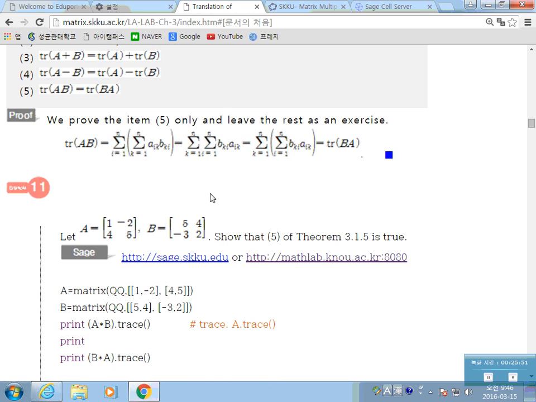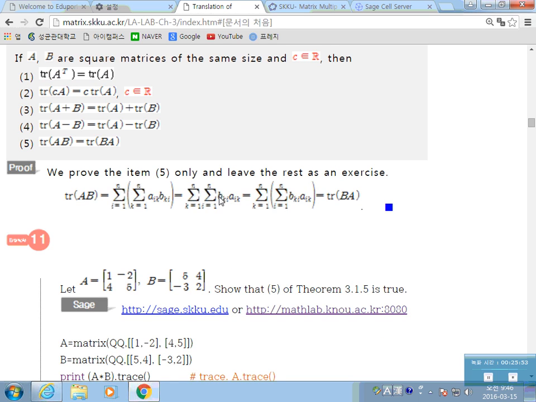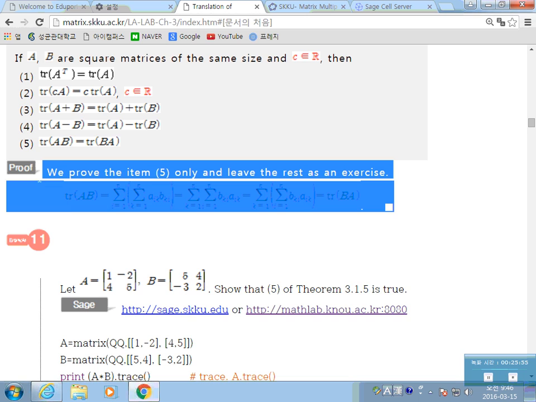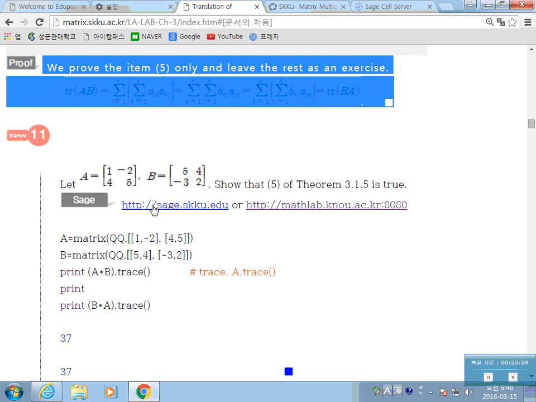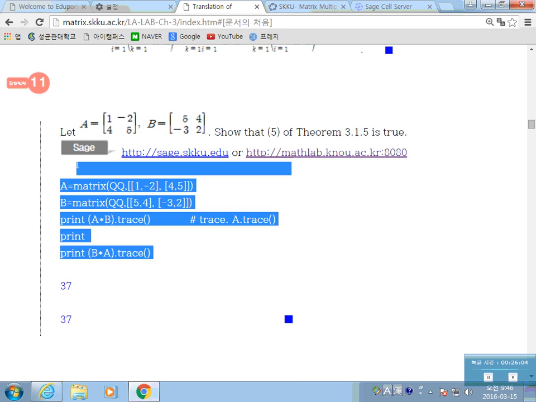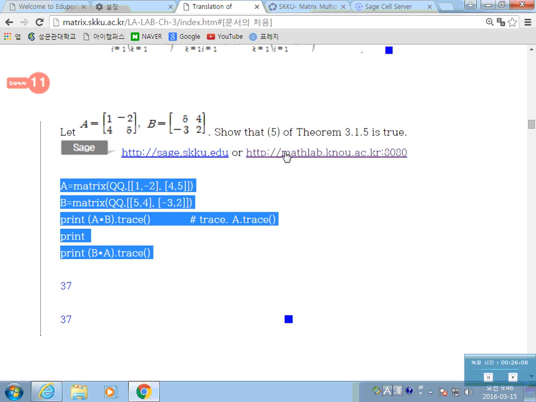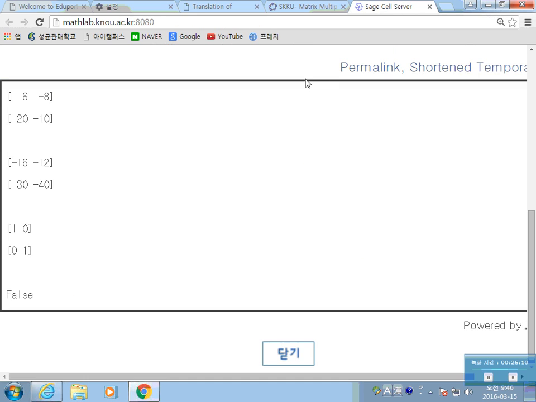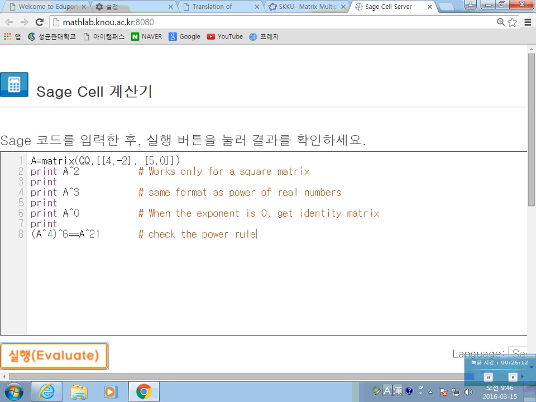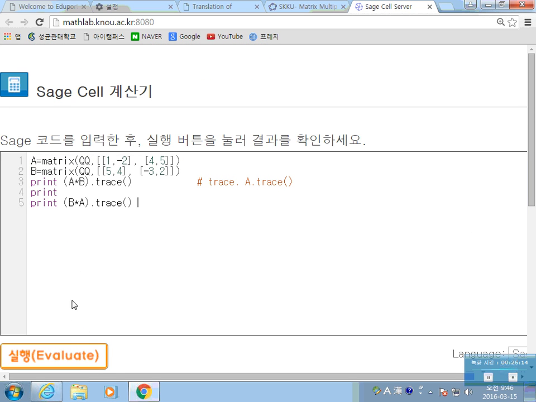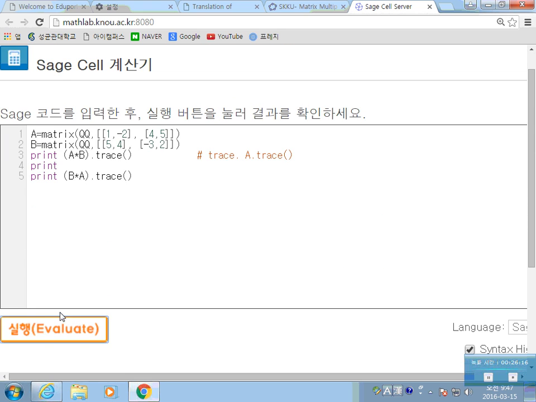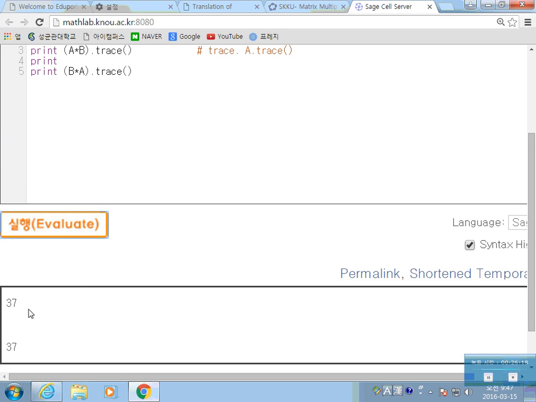Yeah. So this is the kind of technique that you should also know how to prove. When A and B are given, the trace of AB and the trace of BA can be found like this. As you see, they are the same.